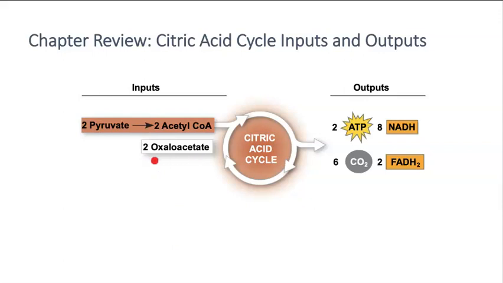And remember that we have 2 oxaloacetates here that are going to join up with the acetyl-CoA. Churning twice, you're going to get 2 ATP, 8 NADHs. Remember, we get some from pyruvate. 6 carbon dioxides, and that's every single carbon in glucose. Remember, it's C6H12O6. So we've accounted for all of our carbons now in carbon dioxide, and 2 FADH2s.